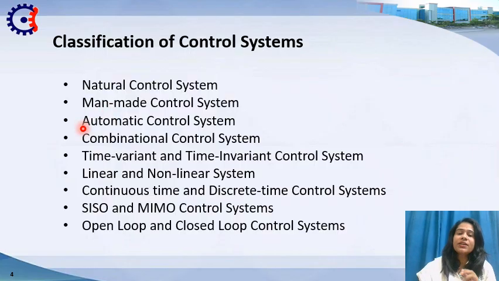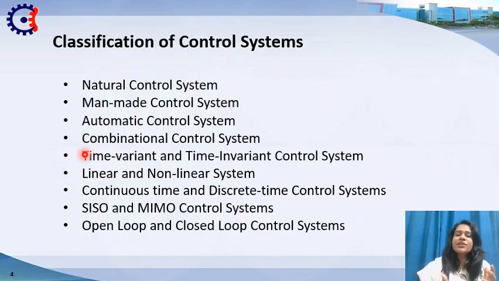Then automatic control system, a system that operates automatically with minimal or no human involvement. Example of automatic control system, automatic washing machine. Then combinational control system, a system formed by combining two or more control techniques to achieve desired performance.